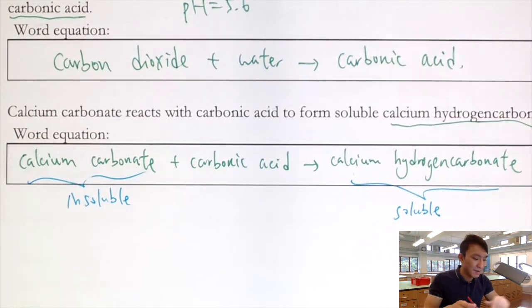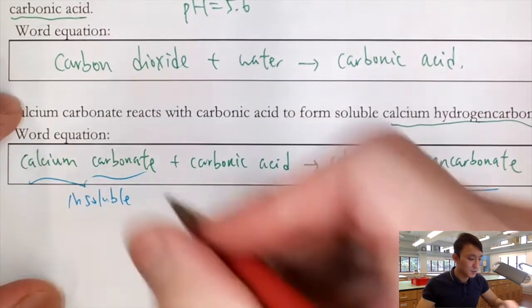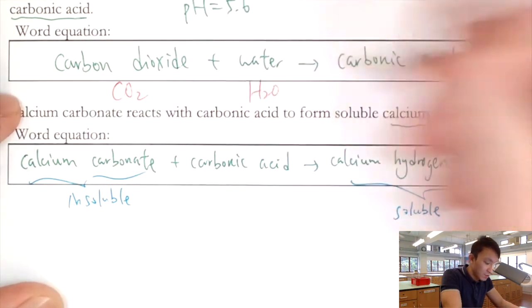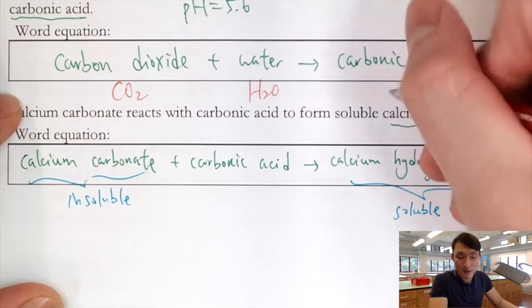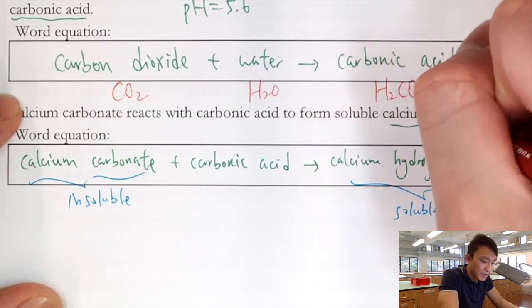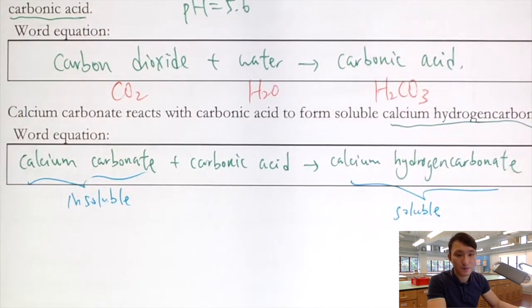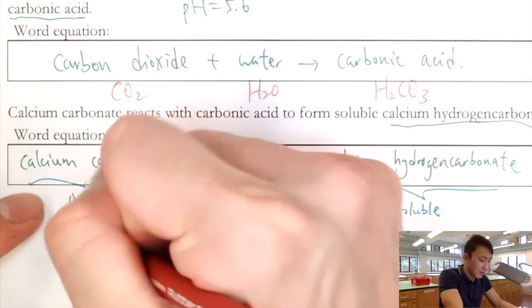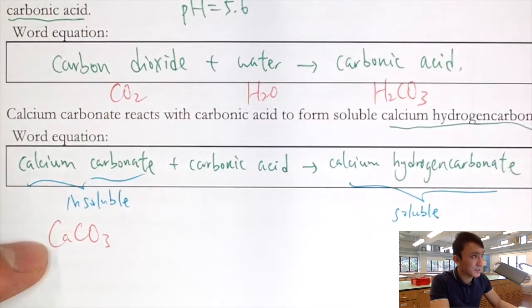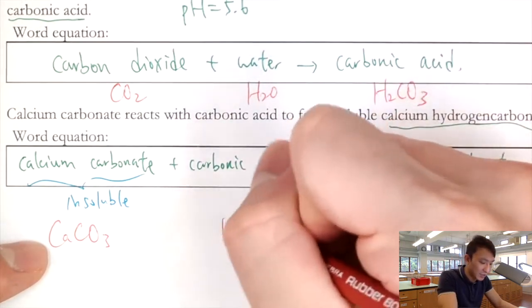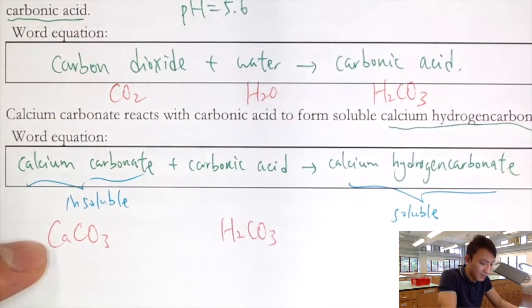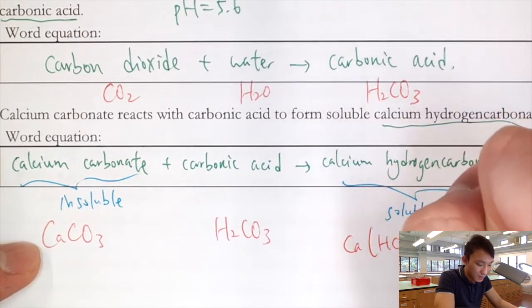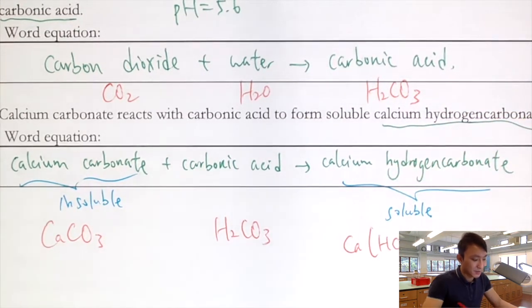Oh, and again, let me also give you those chemical formulas if you are interested. So carbon dioxide is CO2, water is H2O, and carbonic acid would obviously be H2CO3. Okay? Calcium carbonate is CaCO3, carbonic acid just now is H2CO3, and the product here, if you remember, is very complicated, like this.